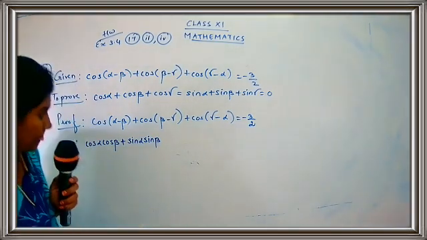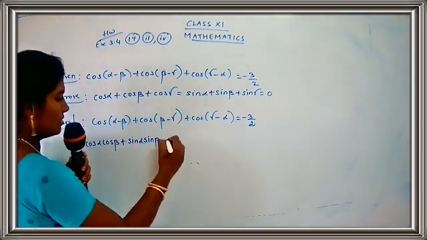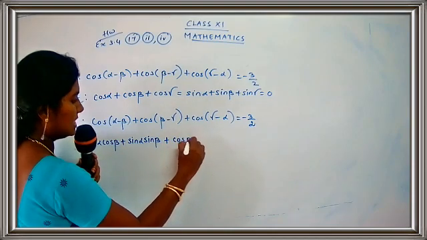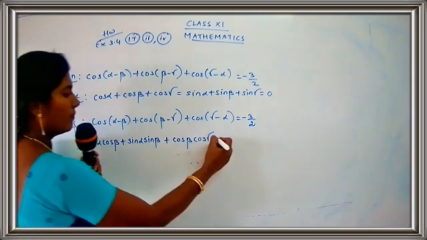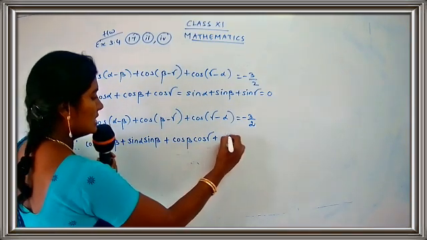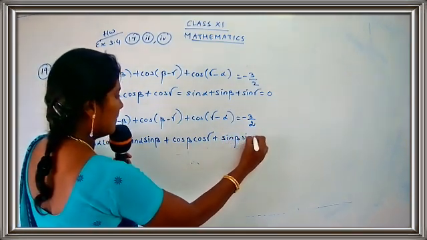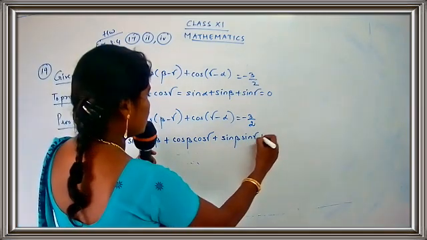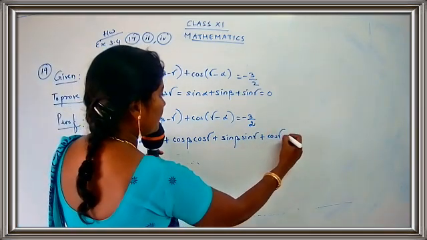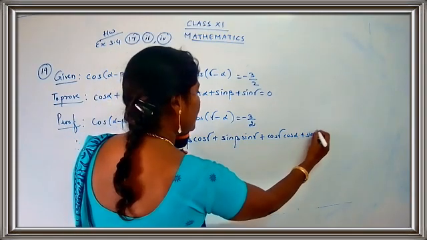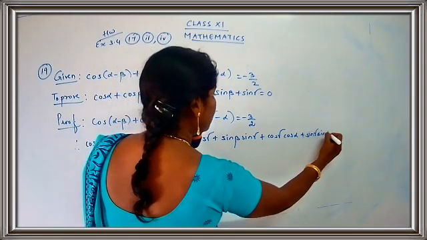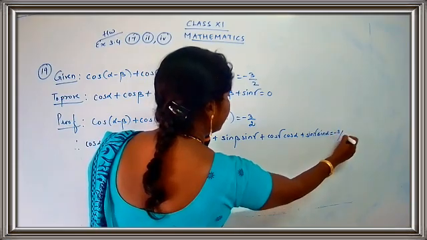The next one, beta minus gamma: cos beta cos gamma. Here we have the sign minus, so the formula is for plus. You get plus sin beta sin gamma, plus cos gamma cos alpha plus sin gamma sin alpha, is equal to minus 3 by 2.